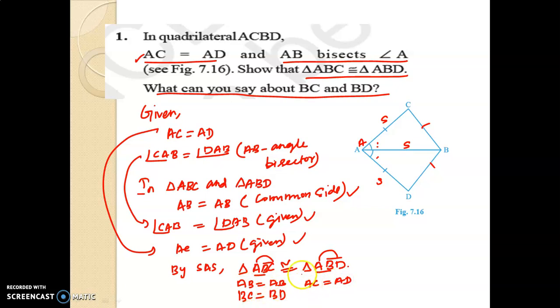Among the three, they are asking about BC and BD only. So BC and BD are equal, because they are the sides of the congruent triangles.